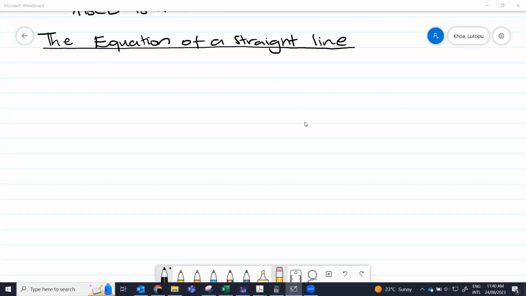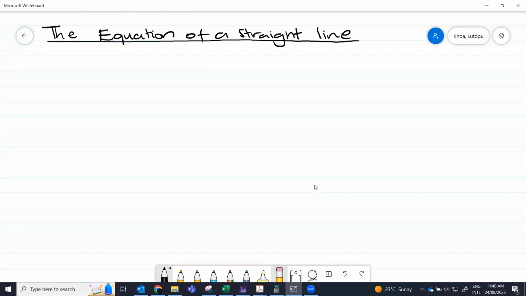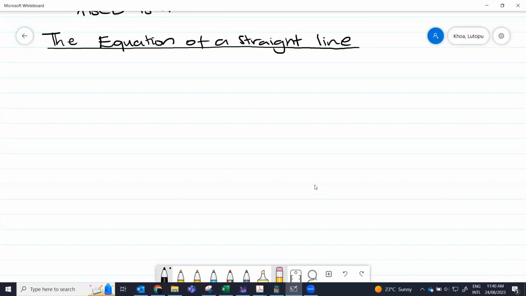The next thing we look at is the equation of a straight line. There are three ways that we can come up with the equation of the straight line. We know that in standard form, a straight line has the form y is equal to mx plus c.